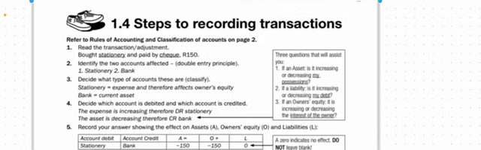Try to understand. Because if you just see a transaction and think, oh, okay, it's this transaction, I'm just going to take my luck, this might be an asset affected, equity may be affected, you're not going to get anywhere. So you need to make sure that you understand the transaction.